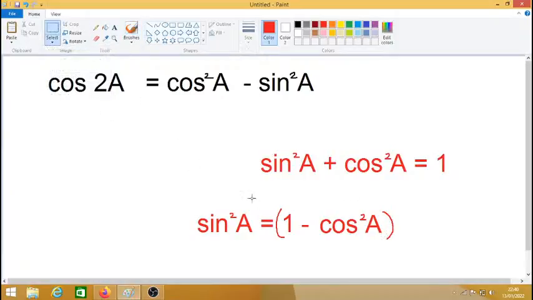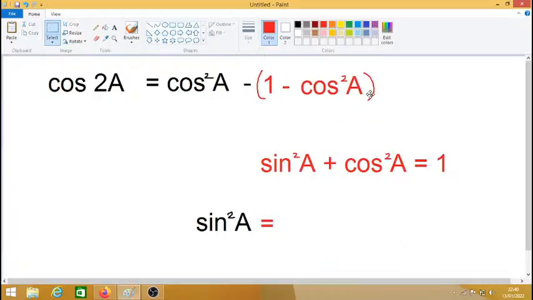But I can now replace this sine squared a, and this 1 minus cos squared a can go in its place. And then open up the brackets. There's a minus before it, so that minus gets applied to everything in it. So the 1 becomes a minus 1, and this minus cos squared becomes a plus cos squared.